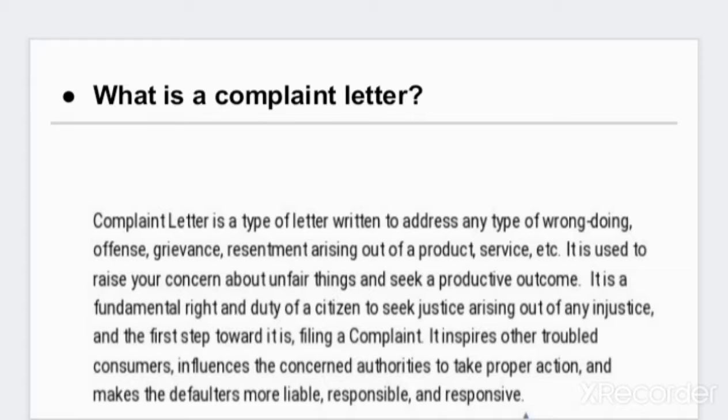Okay, so today I will be teaching you how to write a complaint letter. And complaint letters are of different types. You write a complaint letter to the municipality, to the shopkeeper, to any authority, and you write a complaint letter to the editor also, right? So these are different types of complaint letters.